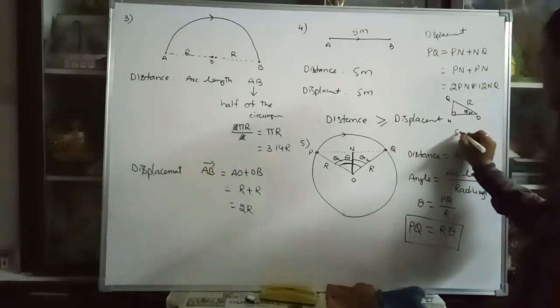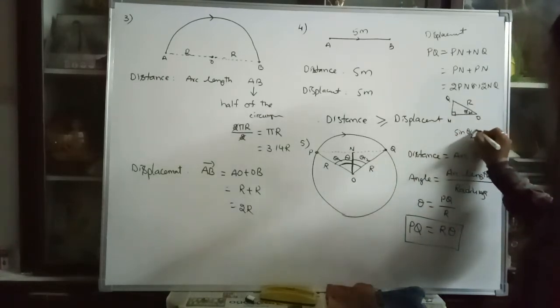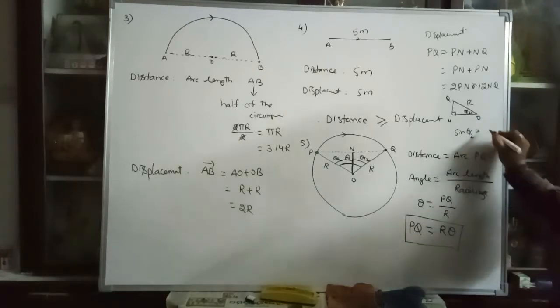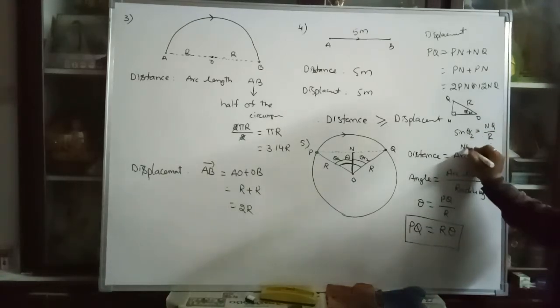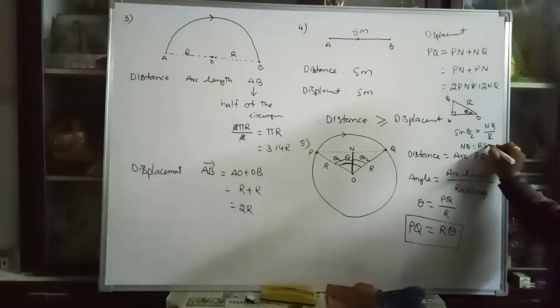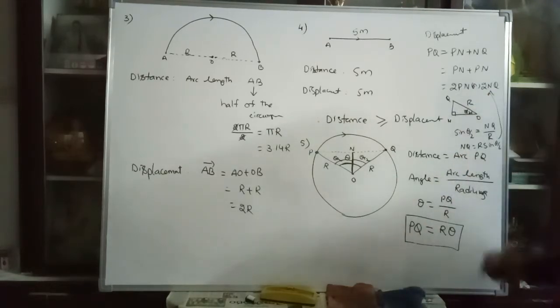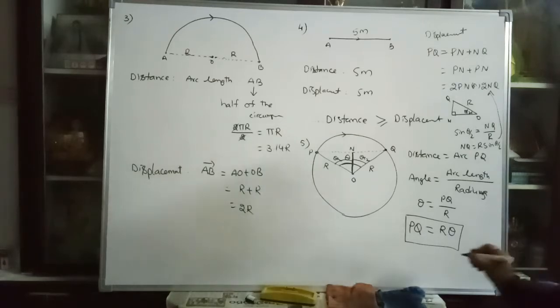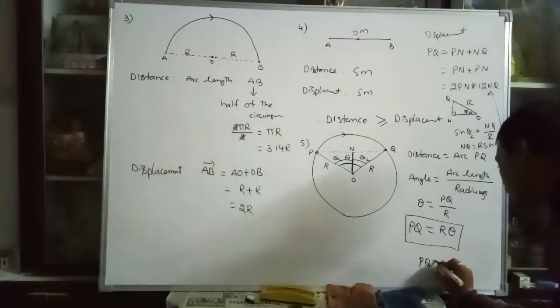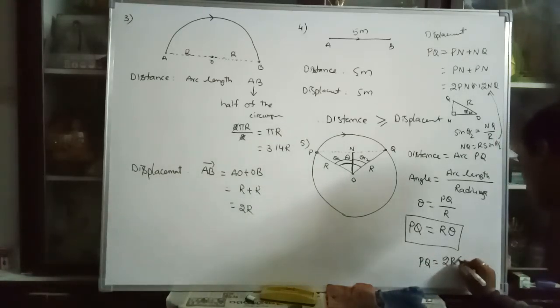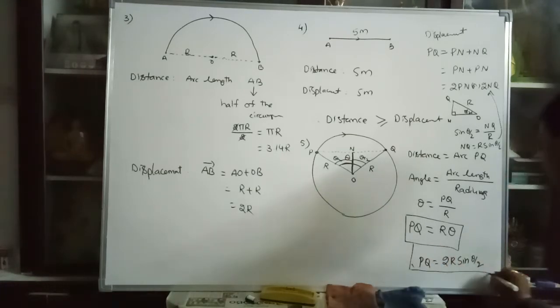So we can consider the sine angle. Sine theta by 2 is equal to NQ divided by R. Therefore, NQ is equal to R into sine theta by 2. This value is substituted in the equation. The final displacement PQ is equal to 2R sine theta by 2.